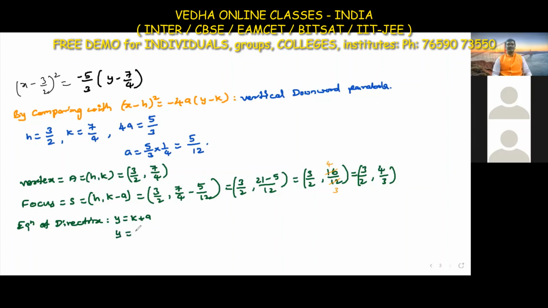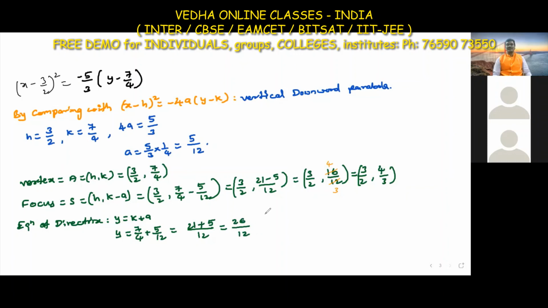y is equal to k plus a. What is the k value? 7 by 4, and the a value is 5 by 12. Taking the LCM, which is 12, 4 threes are 12, 3 sevens are 21, and 21 plus 5 is 26, divided by 12.